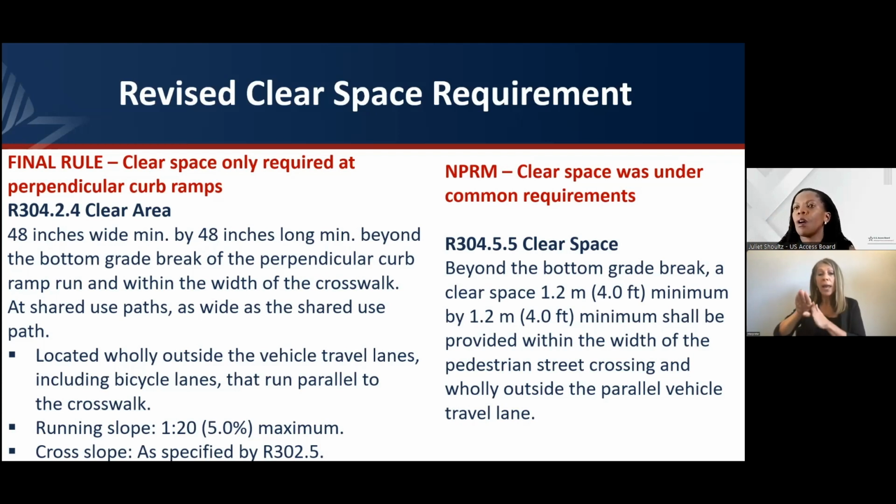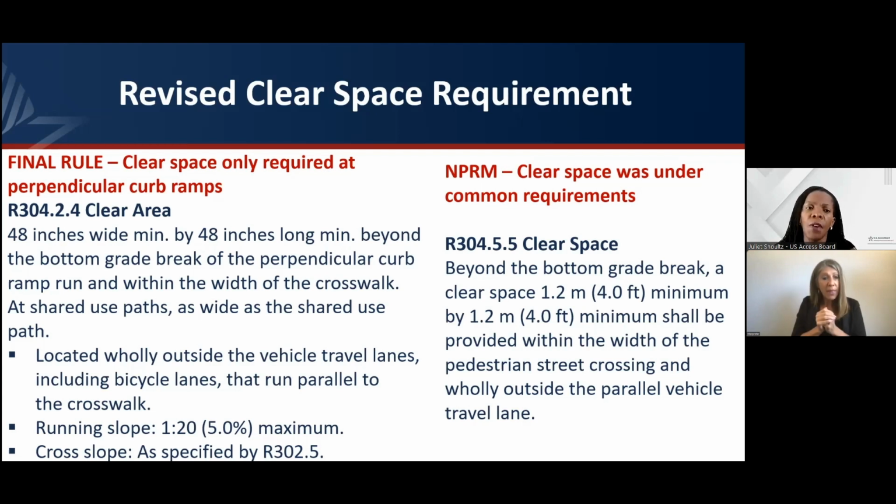So at provision R304.2.4, clear area, a 48-inch by 48-inch minimum clear area is required beyond the bottom grade break of the perpendicular curb ramp run. And it must be within the width of the crosswalk. Again, at shared use paths, it needs to be as wide as the shared use path.